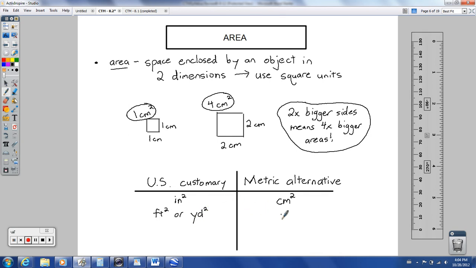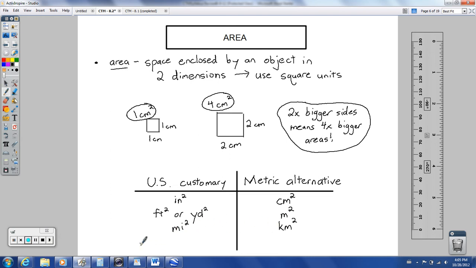That would generally match up with something in meters squared in the metric system. So you could also have something like miles squared. You could call that kilometers squared. Miles squared is bigger than a kilometer squared because a mile is bigger than a kilometer, but these units would be used to compare similar things.